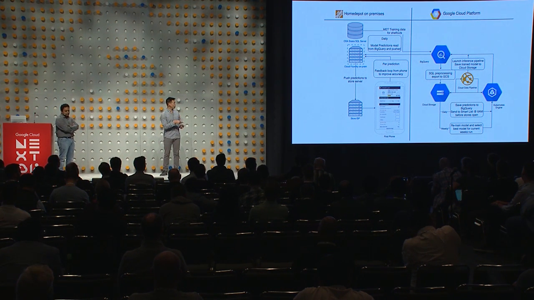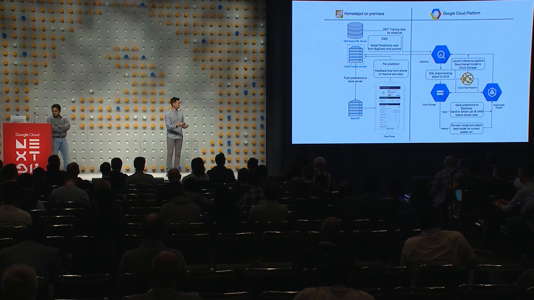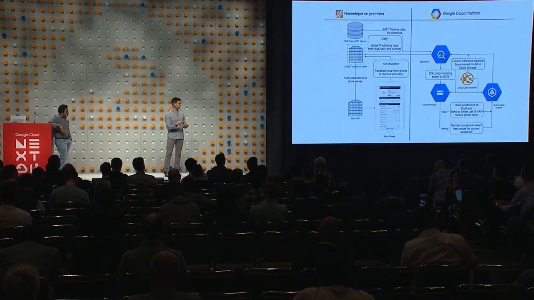So all of our data is in BigQuery as our EDW system, and what we do there is we have the SQL preprocessing steps that export the data to GCS, Google Cloud Storage, and we have our data pipeline, which is a part of the tooling that was built around doing the data migration from on-prem to BigQuery. And the data pipeline is the thing that's orchestrating all of these steps for us at the moment. So every day we're running our inference pipeline at 6 a.m.